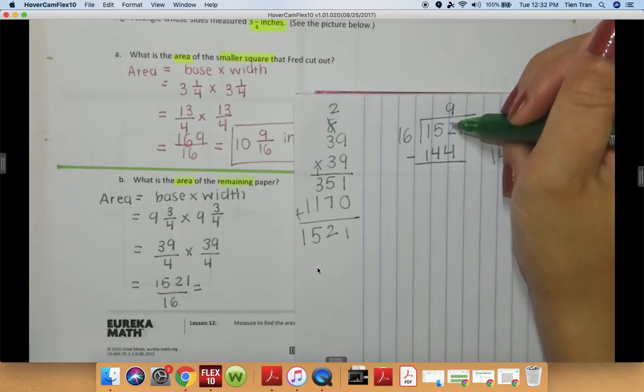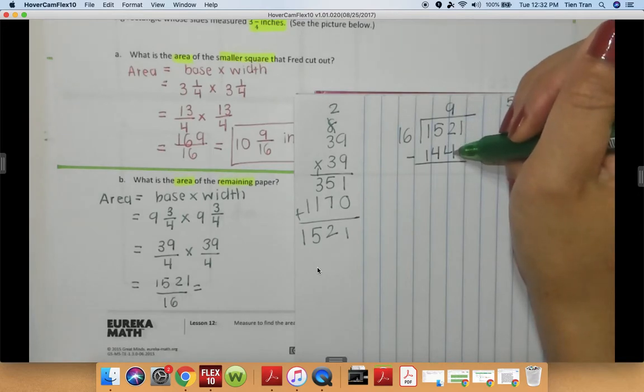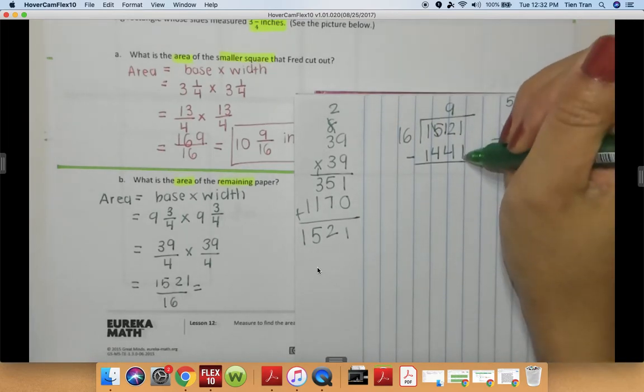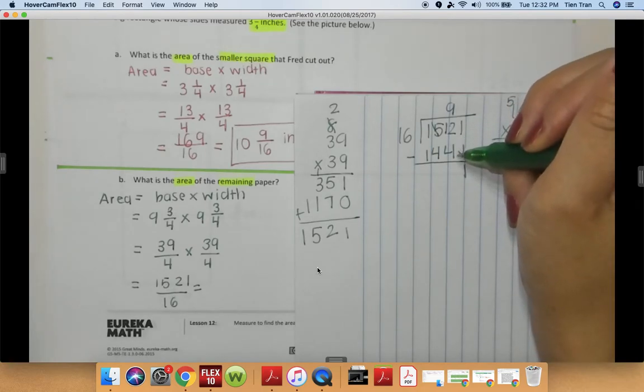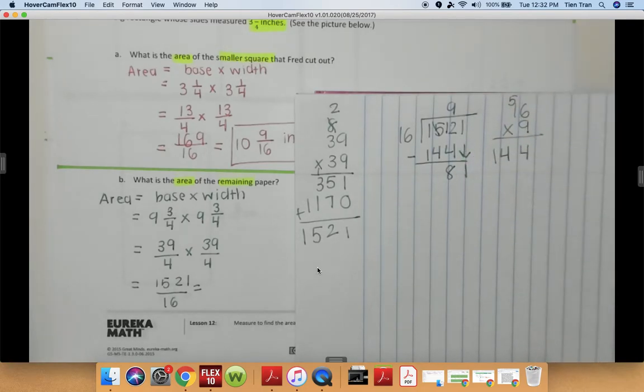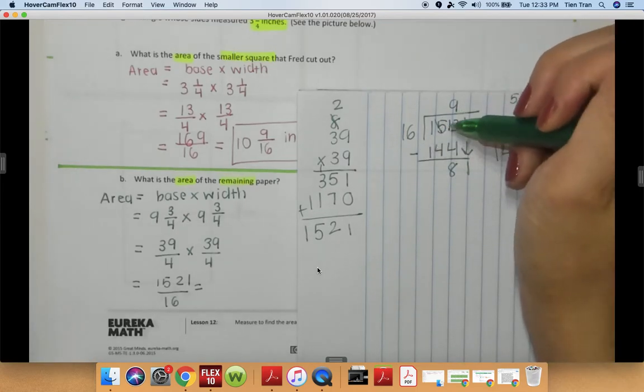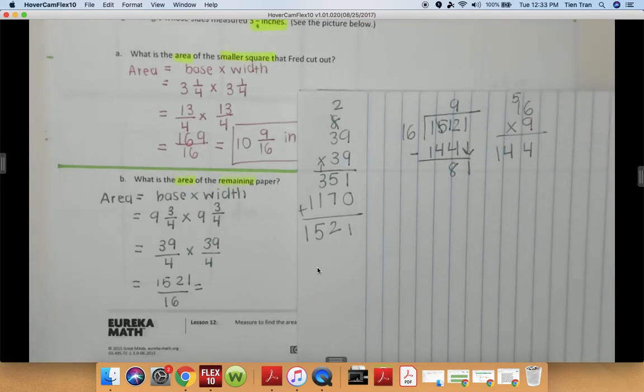I'm going to subtract. I can't subtract 2 minus 4, so I'm going to borrow from my neighbor. 12 minus 4. Don't forget to bring down your 1. It's going to give me 8. 5 changes into 4. 4 minus 4 is 0. 1 minus 1 is also equal to 0. So now I have 81. I need to try to figure out how many times I think 16 can go into 81.